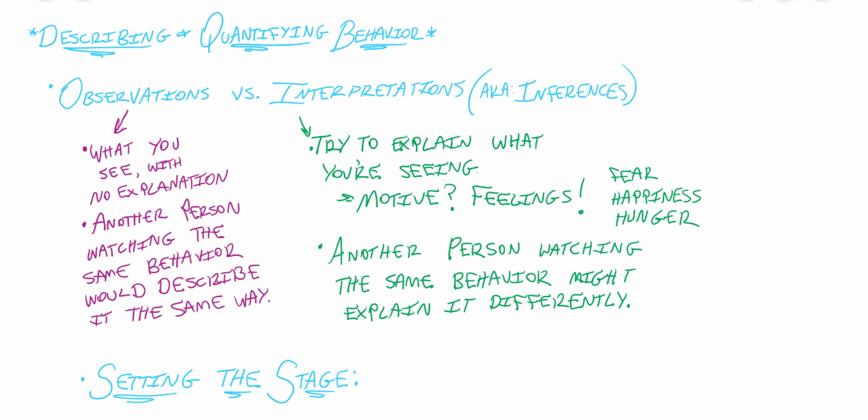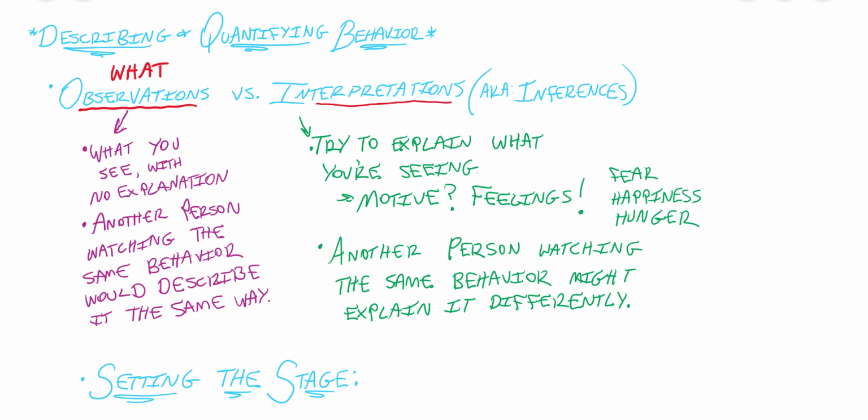Now, in animal behavior, we are trying to stick with observations. When we collect animal behavioral data, we want to only make observations, not interpretations. Think of these as recording just what is happening. Okay?